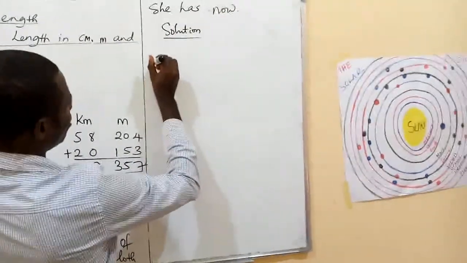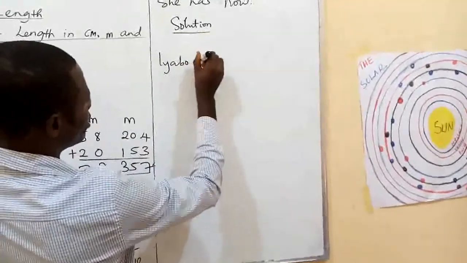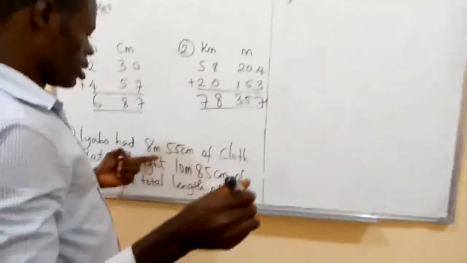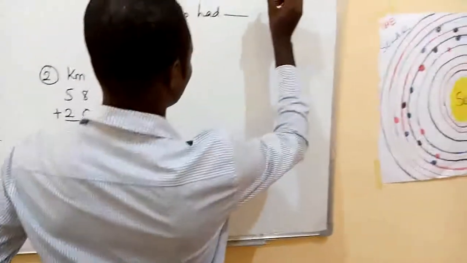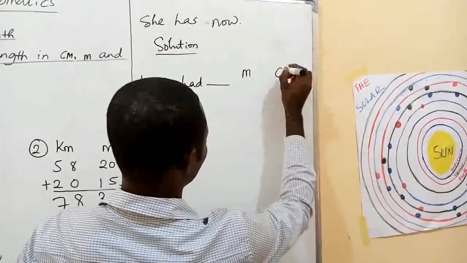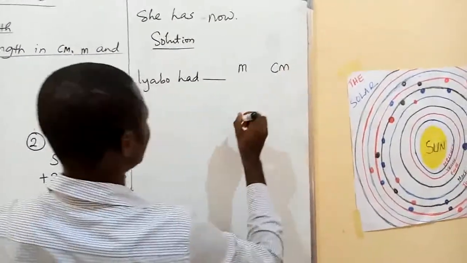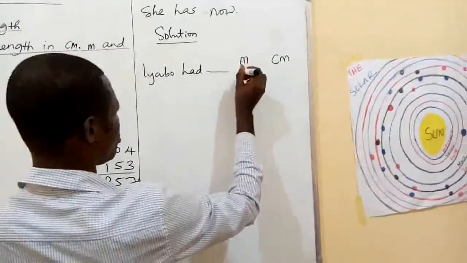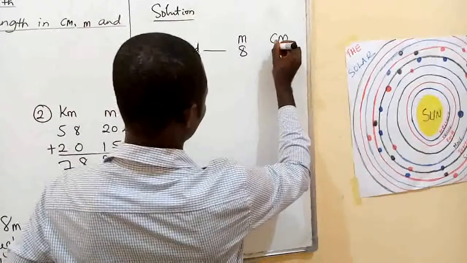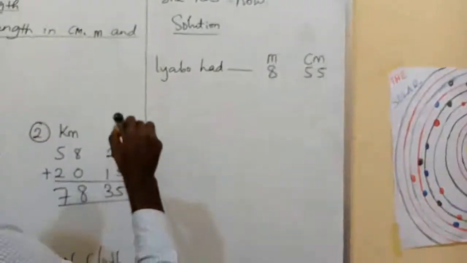Alright? So now, we start by saying Iyabo had, what was the length of cloth she had before? 8 meters, 55 centimeters. Simply use M up here and CM on this other side. She had 8 meters, 55 centimeters. 55 under CM, 8 under meters.